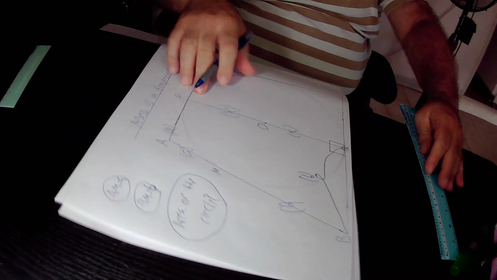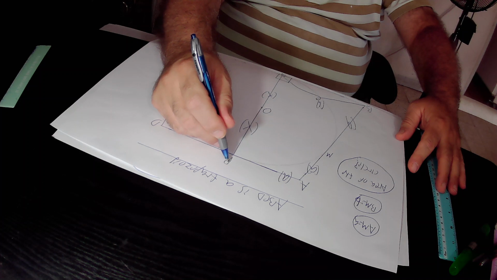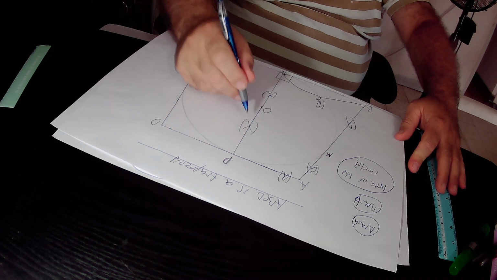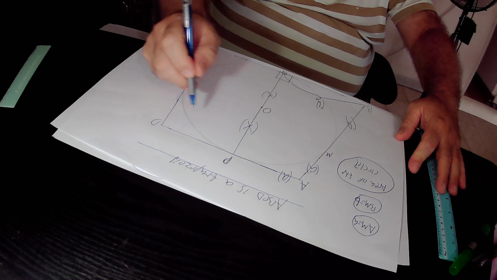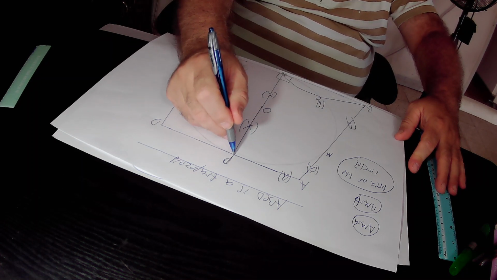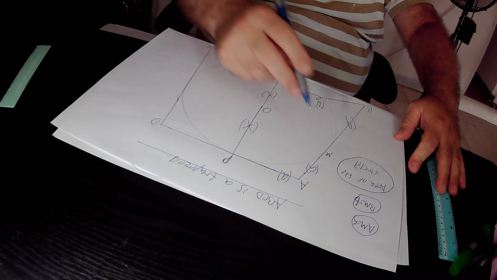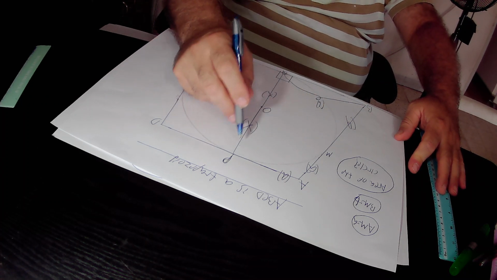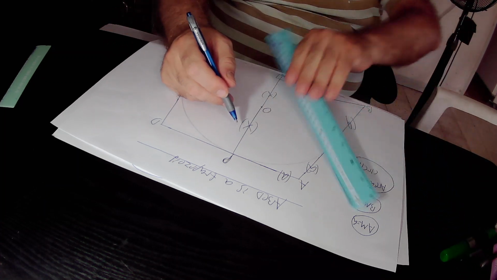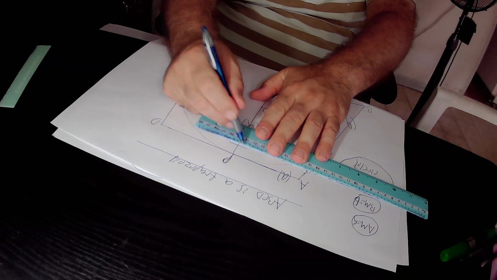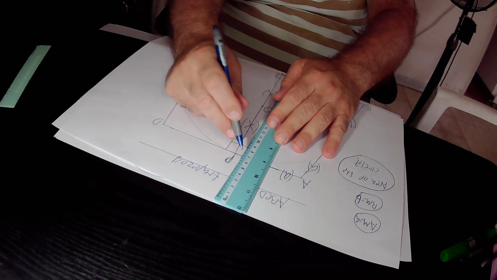According to rule 1, the radius OP is drawn to point P, the point of tangency of tangent AD with this circle. And whenever you have a radius drawn to the point of tangency, then tangent AD will be perpendicular to the radius PO. If AD is perpendicular to PO, it means that this angle equals 90 degrees, and this angle also equals 90 degrees according to the same rule, rule 1.